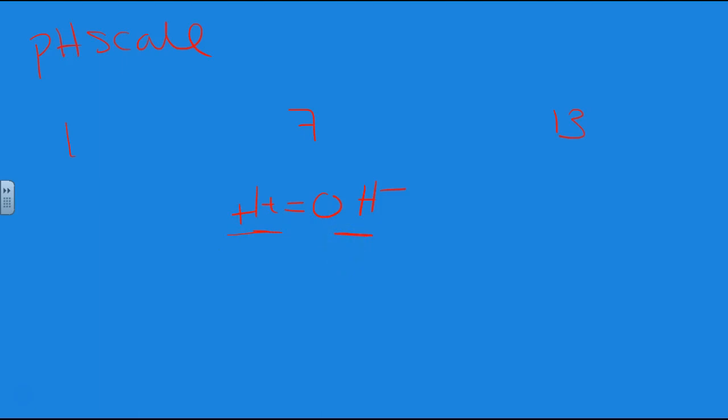Okay, so what does that mean? Well, if you're going to increase hydrogen ions, that means you're adding acids, and then decreasing hydrogen ions means you're adding bases. So bases are over here, acids over here, okay?